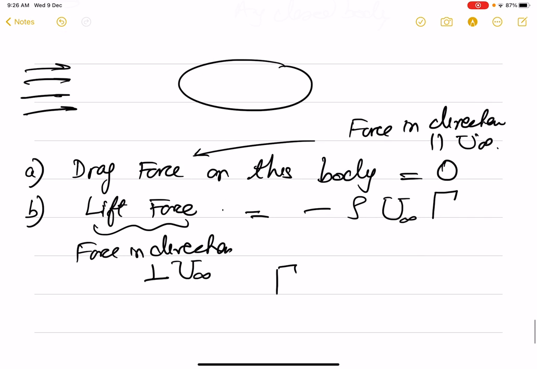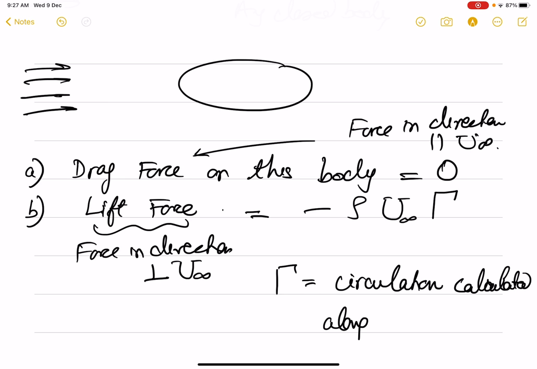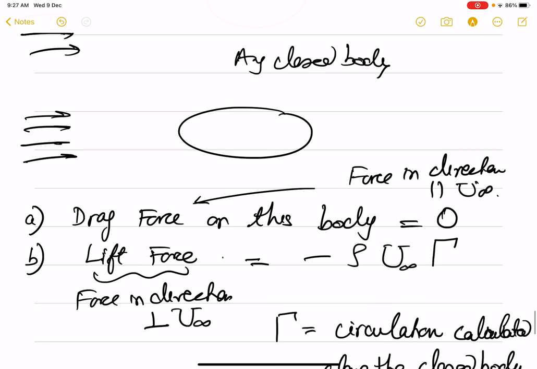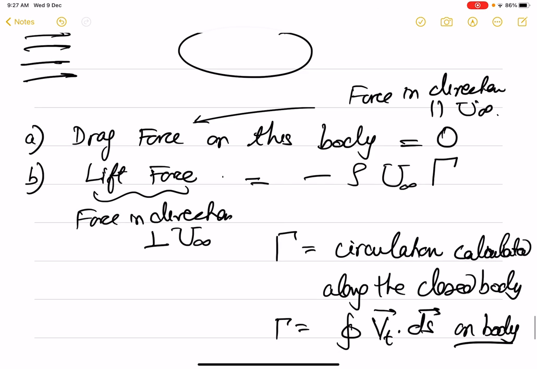Now here gamma is the circulation calculated along the closed body. Remember, we had said gamma was equal to the integral of Vt dotted with ds on any closed curve. So since a closed body is a curve, you calculate circulation along the closed body.